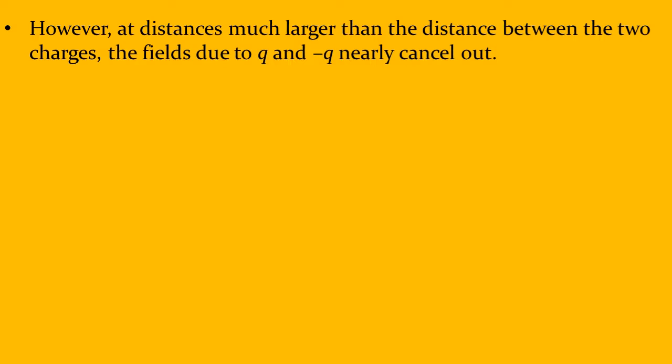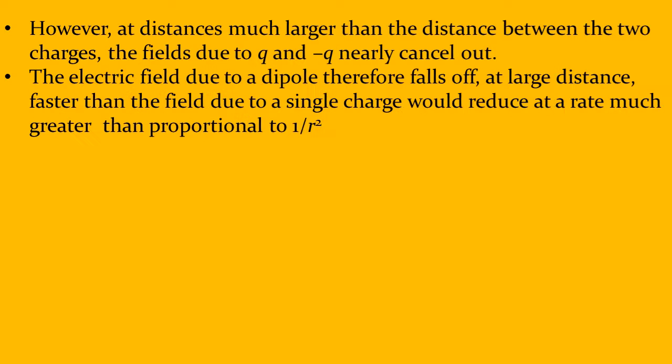However, at distances much larger than the distance between the two charges, the fields due to q and minus q nearly cancel out each other. The electric field due to a dipole falls off at large distances much faster than the electric field due to a single charge.